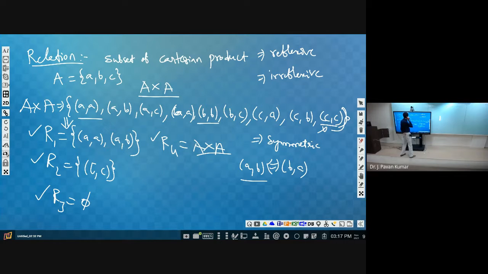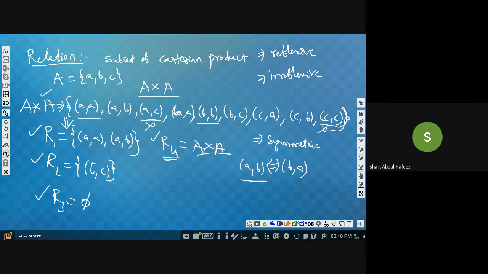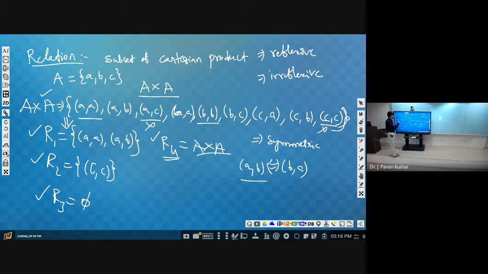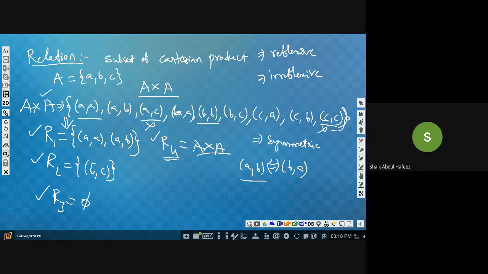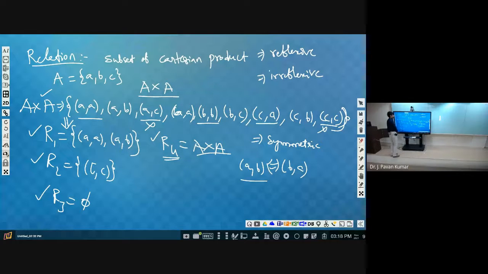Now, in this particular relation, A cross A, let us say R4, suppose we don't have A comma C. Can we consider it as symmetric? No, sir. No. How can we make it a symmetric relation? By removing C comma A. Yeah. If we don't have this one, then it is symmetric.